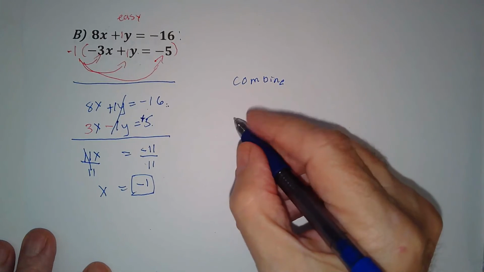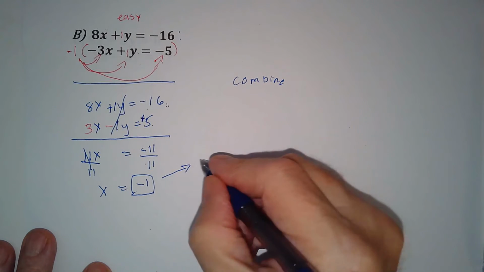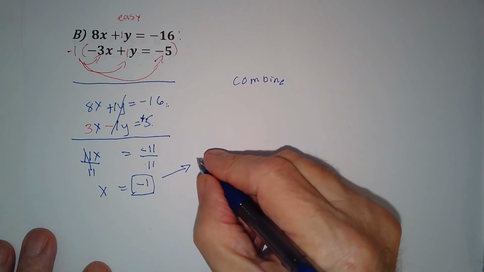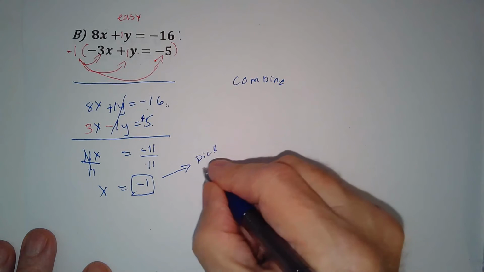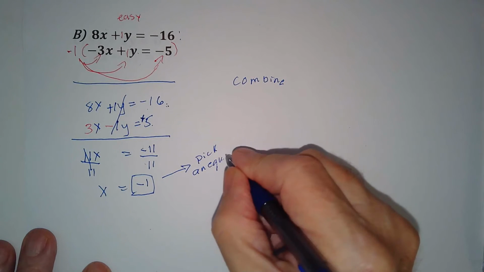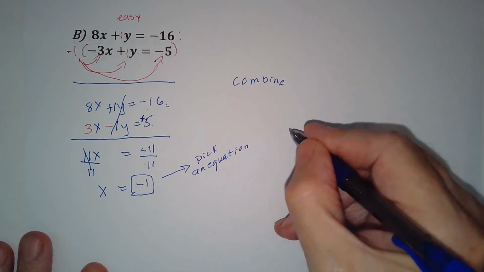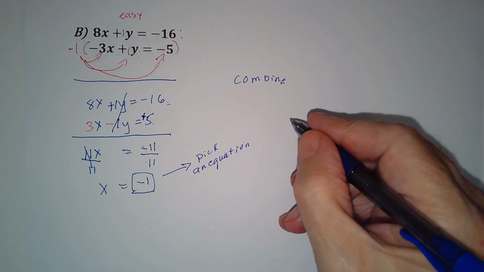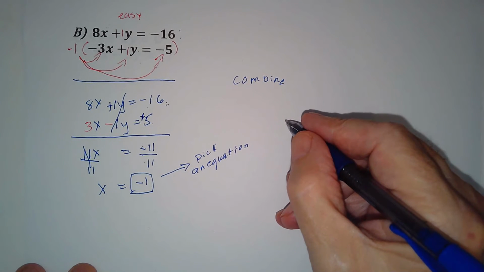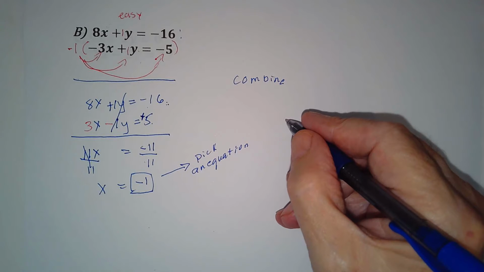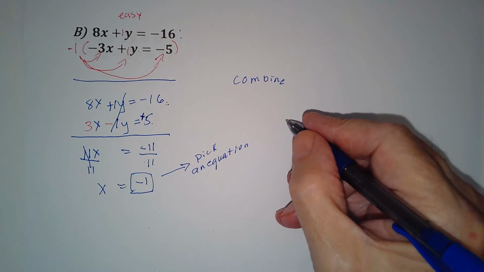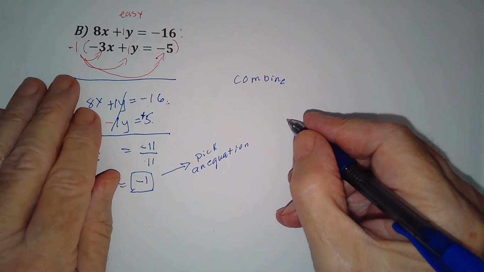Now we're just going to pick an equation to put this x is negative 1 into. Let's do the negative 3x plus y equals negative 5.